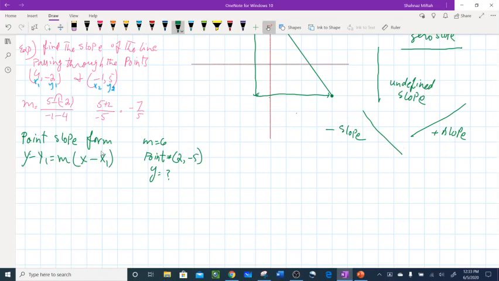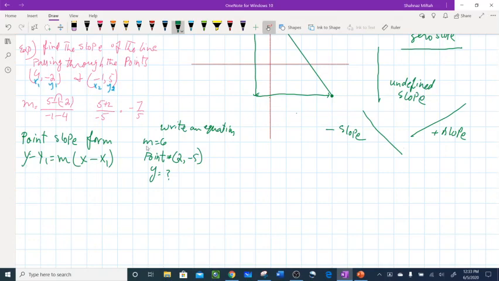Find the point slope form, write an equation. And they use the words write an equation, okay? Write an equation means I'm just going to write the equation and then I'll stop. I don't have to find a value for y. They said slope is 6, point is (2, -5), and find the y. Now, solve the equation for y.